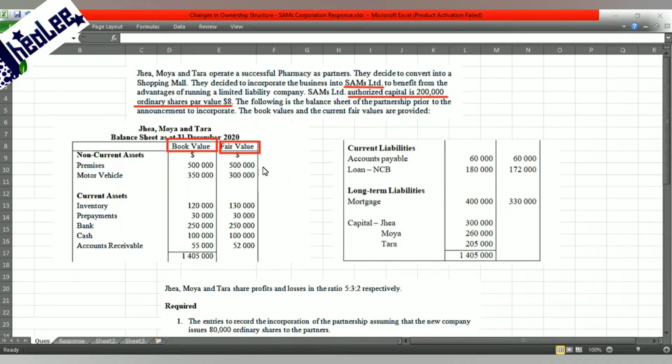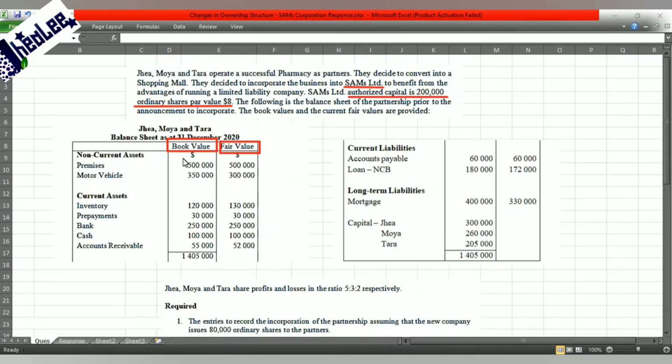We're going to use a temporary account called a valuation adjustment account to aid in completing the double entry.